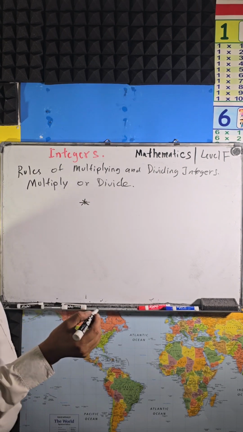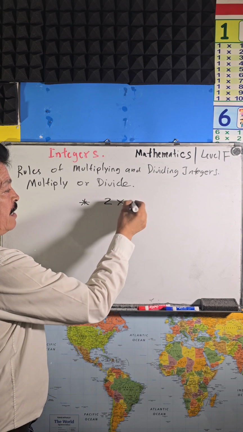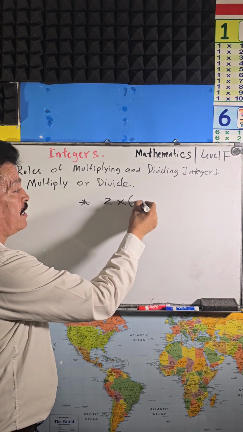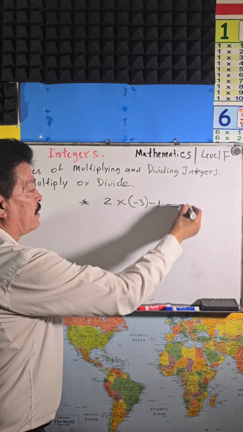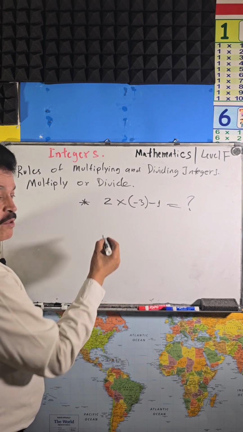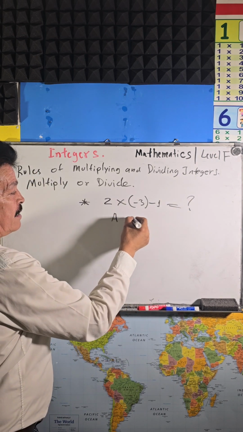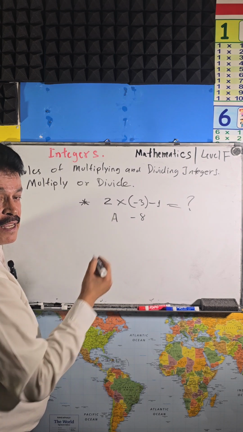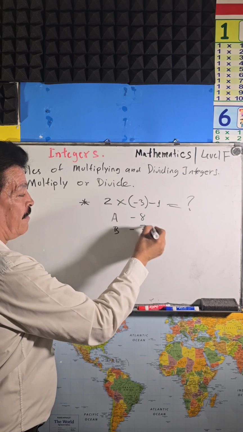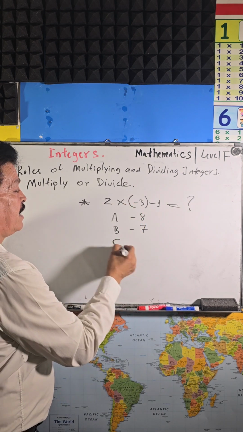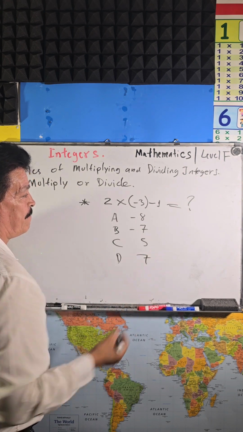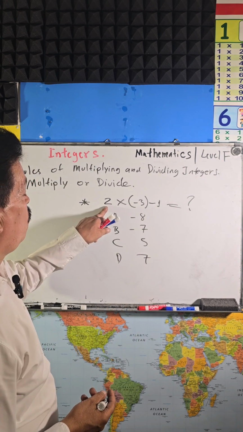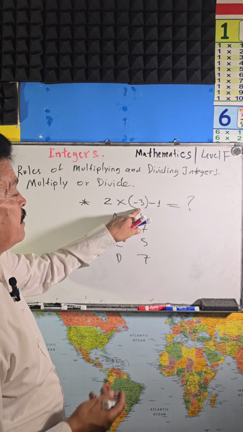Let me write, for instance, 2 times negative 3 minus 1 equals what? We have to write 4 answers. A is negative 8. B negative 7. And C, 5. And then let's write D, 7. So 2 times 3 is 6.